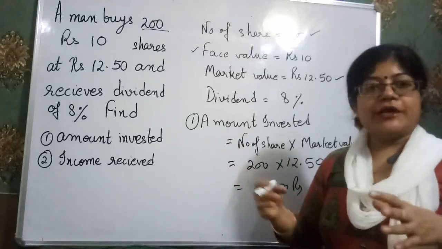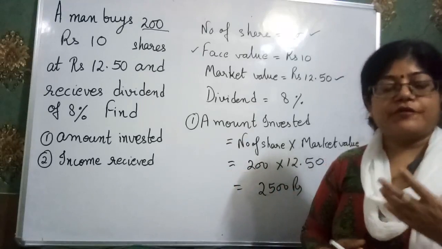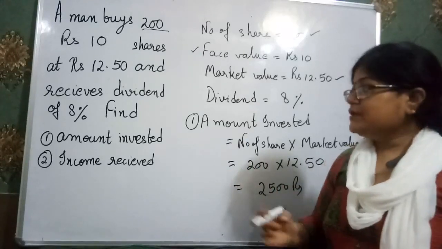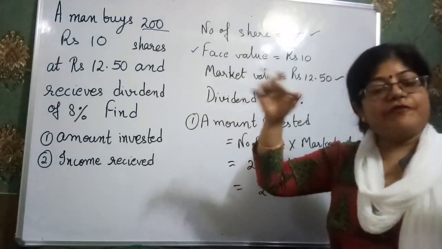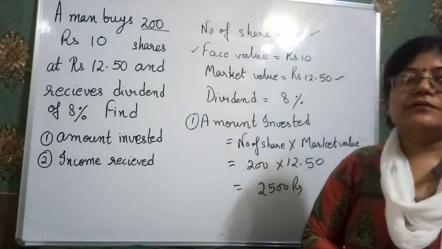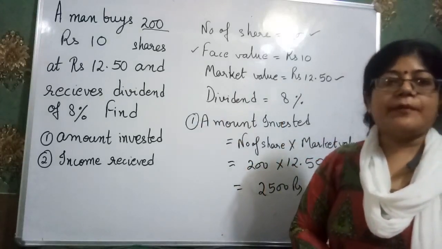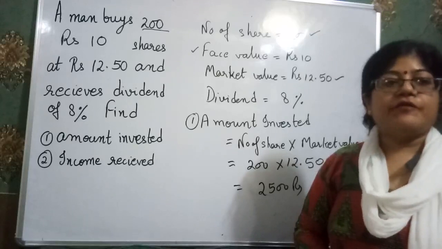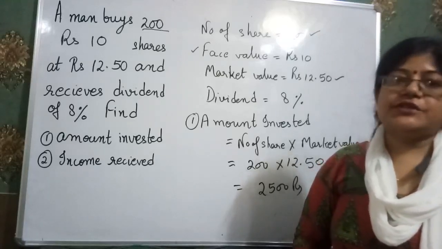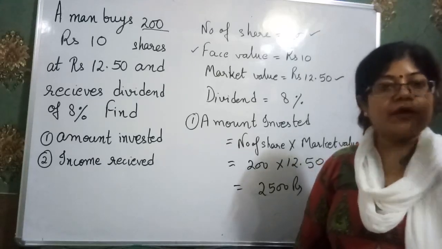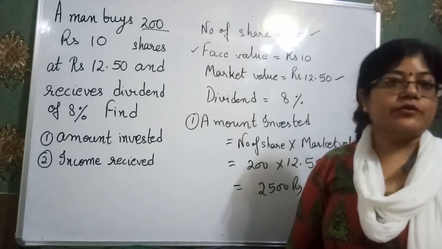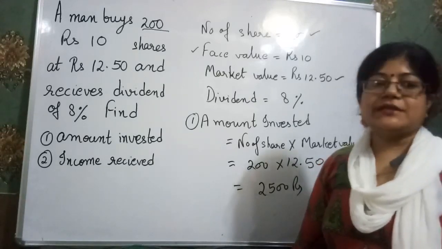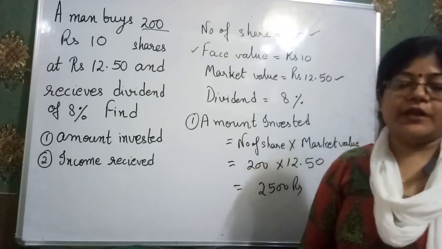Actually, the income a shareholder gets from the company depends upon the face value of the shares, because the company is not responsible for the value of the share in the market. It may go very high, it may go very low. So the company says I am not responsible for anything.